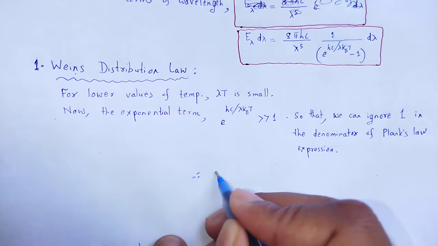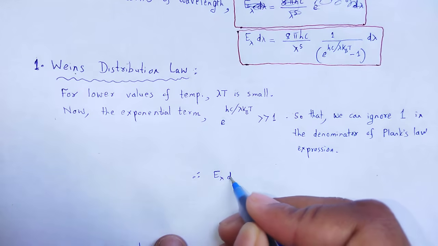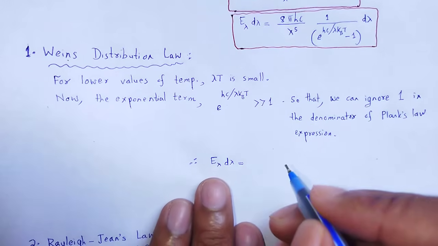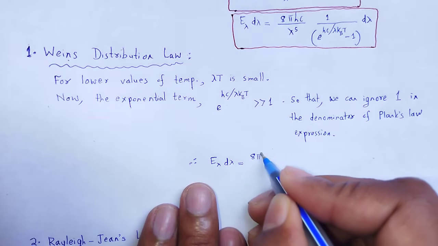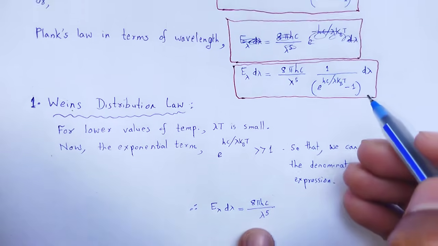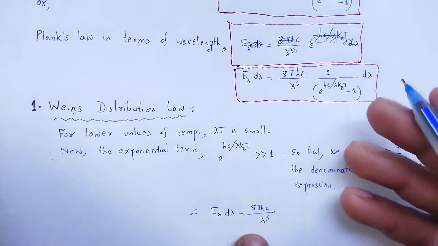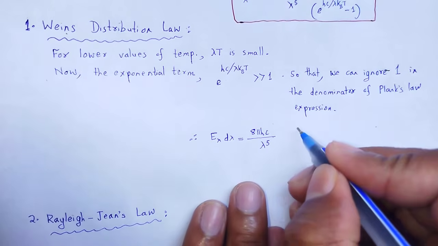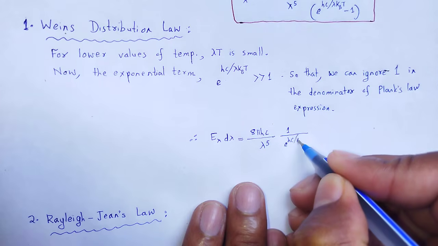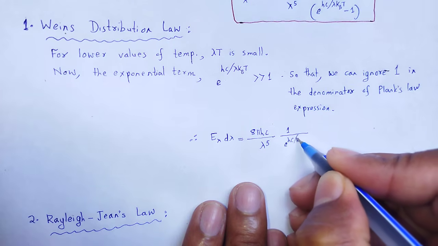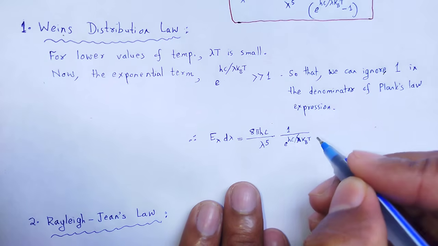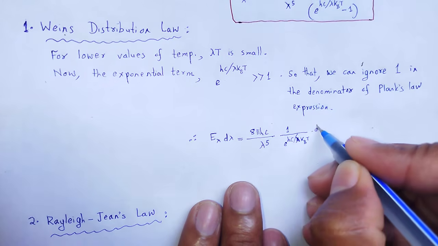Therefore, E lambda d lambda is equal to 8 pi h c divided by lambda to the power fifth. In the denominator side, we neglect 1, so we obtain 1 divided by e to the power h c divided by lambda kBT d lambda.